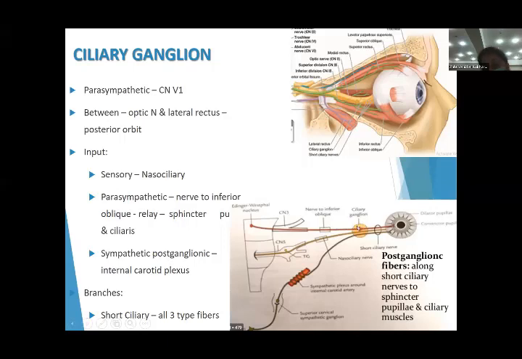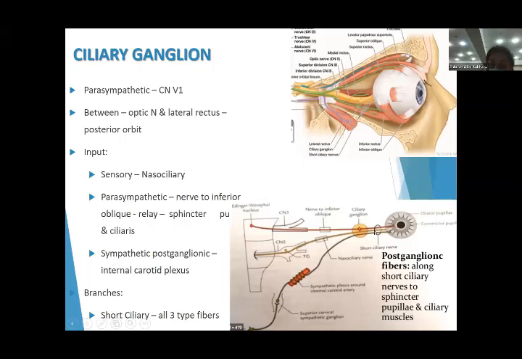They relay in the ciliary ganglion, and then postganglionic fibers go and supply the sphincter pupillae and ciliaris muscle. ठीक है. अब तीसरी किस्म के फाइबर्स सिंपैथेटिक फाइबर्स हैं. ये सुपीरियर सर्वाइकल गैंग्लियन में रिले करते हैं, and then postganglionic fibers, they form a plexus around the internal carotid artery. वहां से the nerve arises, passes through the ganglion, and then pass into the short ciliary nerve.